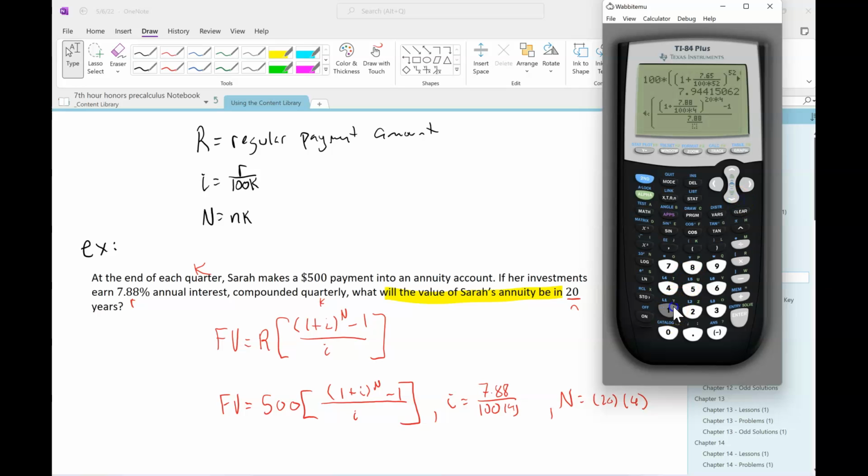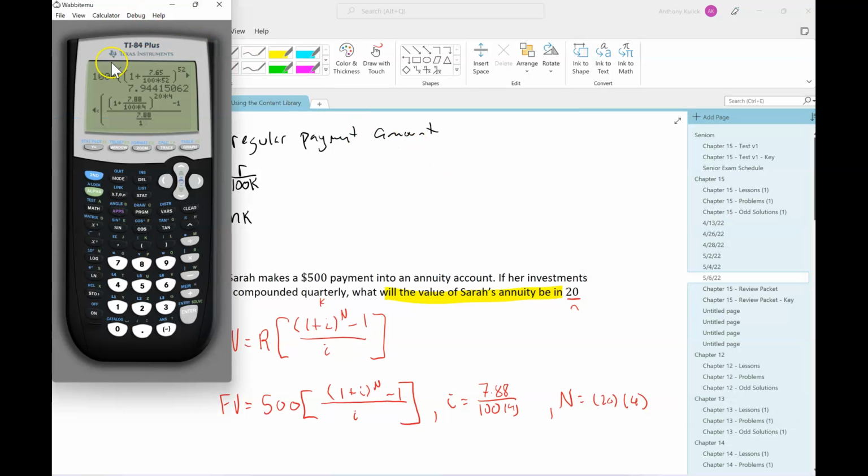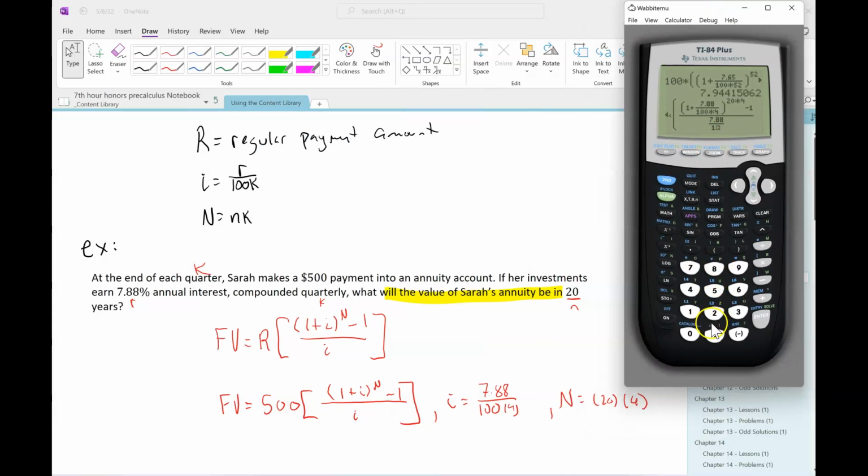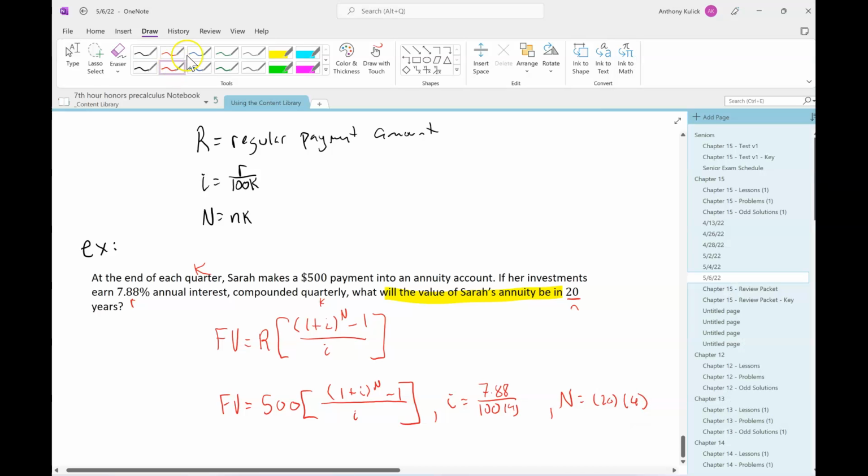And this is a situation where you probably want to practice typing this stuff into your calculator, because it is just like what it looks like on your sheet of paper. So $95,483.39.